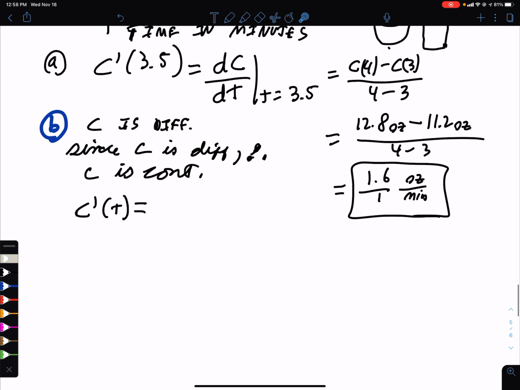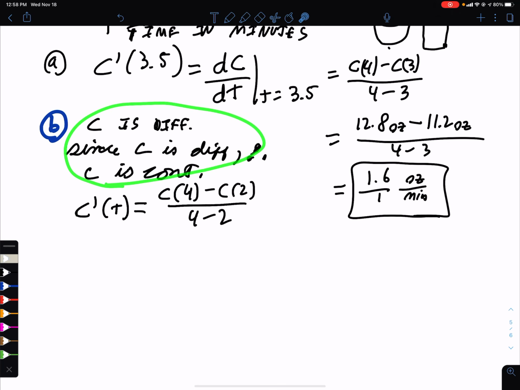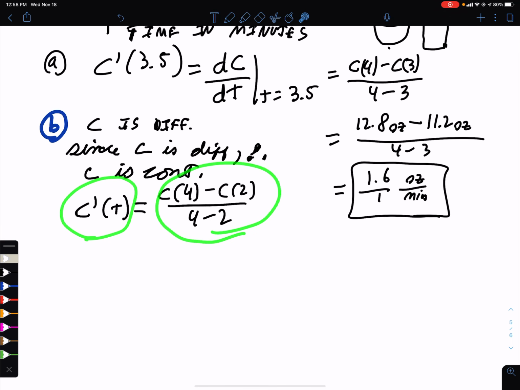So here's our conclusion. It's going to be C of 4 minus C of 2 over 4 minus 2. That is a guarantee of the mean value theorem. If you have a differentiable continuous function, then there must be a place where the derivative equals the average rate of change. I don't know why.